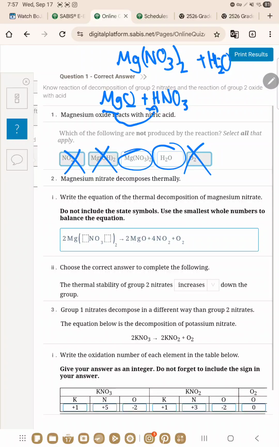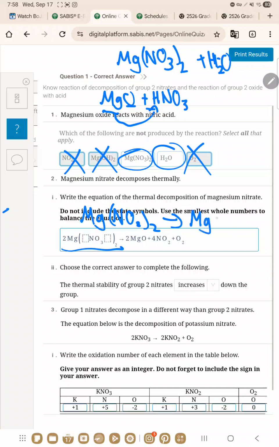Now, write the equation of the thermal decomposition. Now we have Mg(NO3)2, because Mg is Mg2+ and NO3 is NO3-. When it thermally decomposes, it just splits up. Now, whenever you have a nitrate or carbonate splitting up, it's always gonna form an oxide.